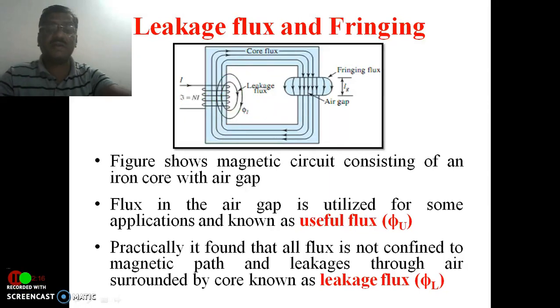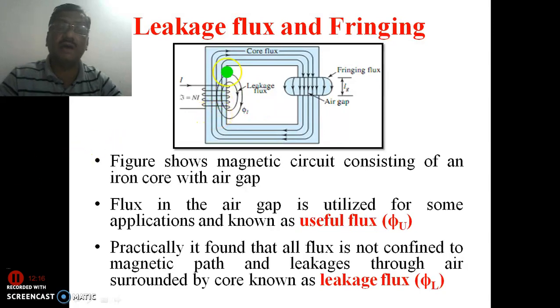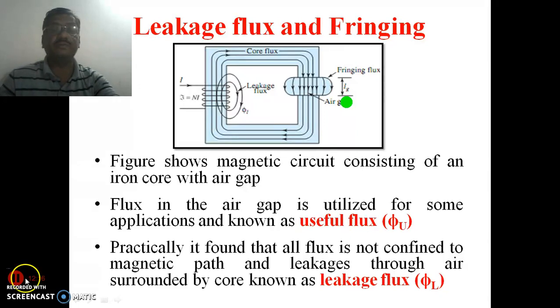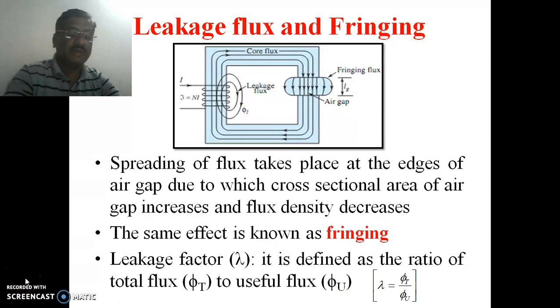This flux, which is not confined to the iron path and not available in the air gap for applications, is known as the useless flux, or sometimes the leakage flux, that is phi L. So the flux available in the air gap is the useful flux, and the flux which does not confine to the iron path or the core is known as the leakage flux. Now I am coming to the last point, which is the fringing.